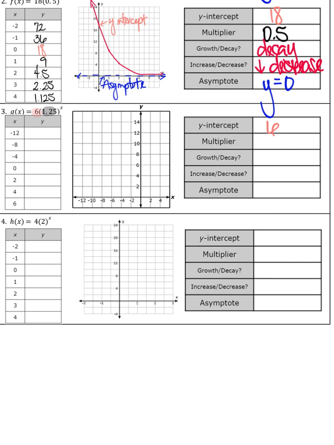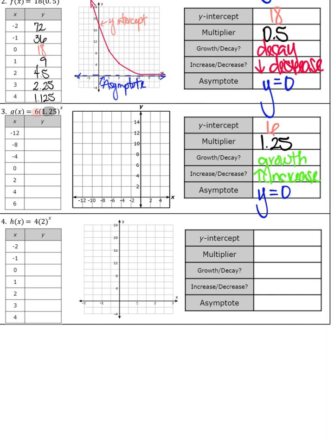Our multiplier is 1.25. That number is larger than 1, so we're going to say that that is a growth. We know that growth means that it's going to go up or increase. And our asymptote is y is equal to 0.